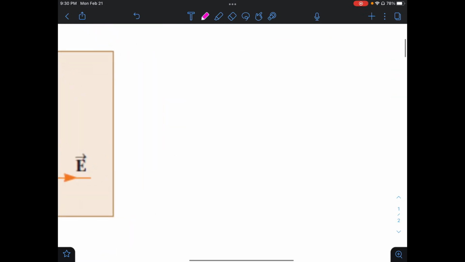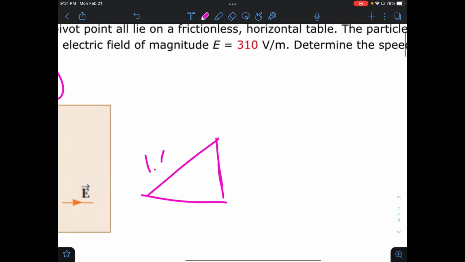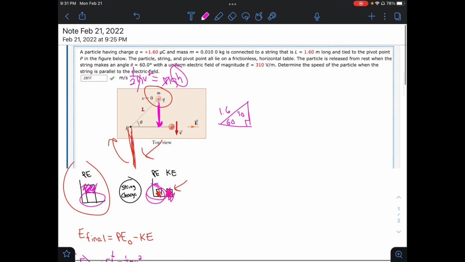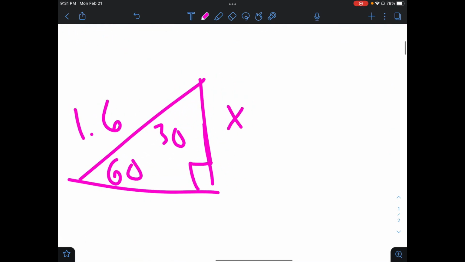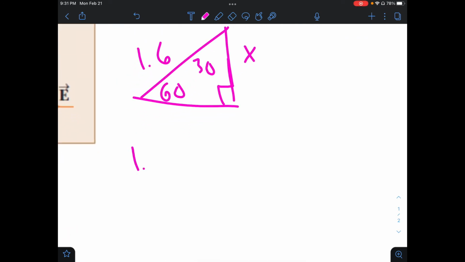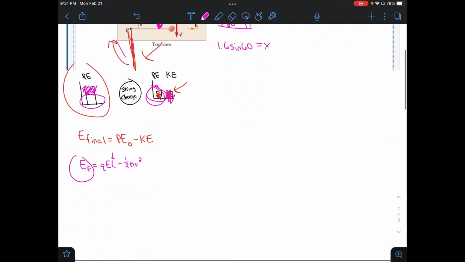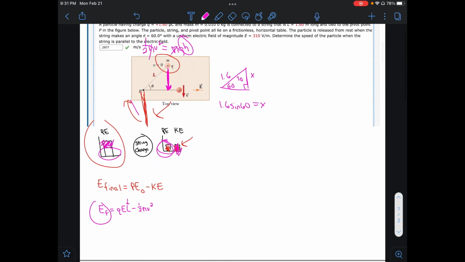So I draw a triangle. This is 1.6, 90, 60, 30, and then we need to find this side. That would simply be 1.6 sine 60 equals x, right? Opposite over hypotenuse. Yeah, okay, cool.